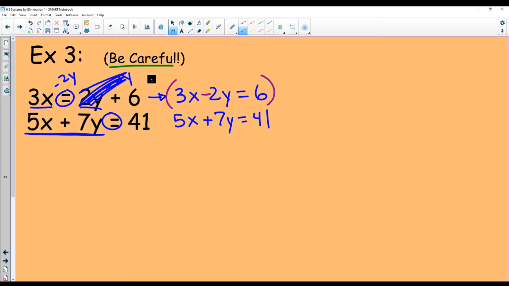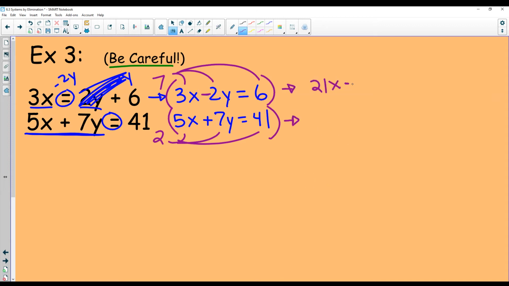Let's multiply the top equation by 7 and the bottom equation by 2 so that we get a 14 in the middle. Okay? So 21x minus 14y is 22.